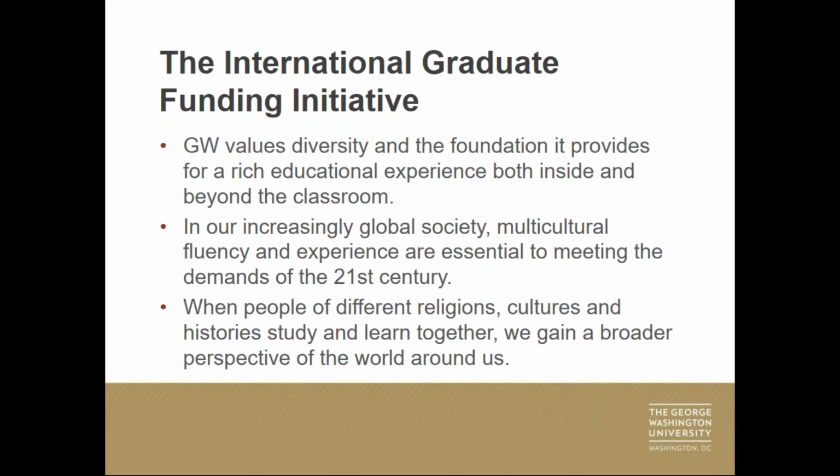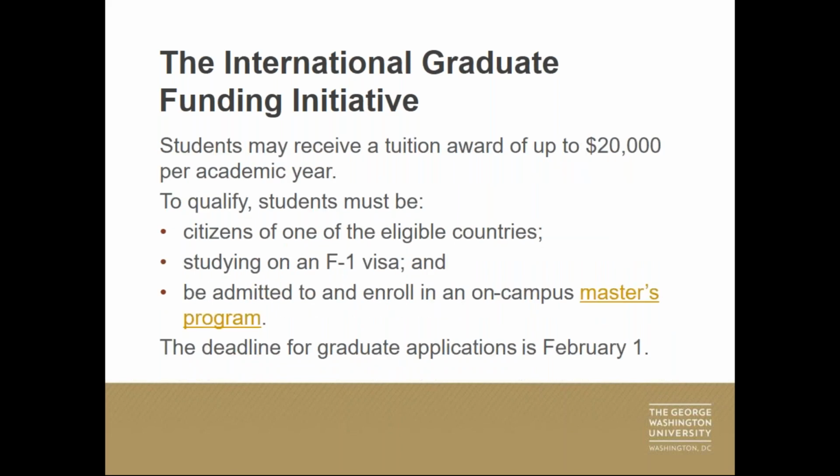GW has this graduate funding initiative to encourage people from around the world to come to GW. And you can get a tuition award of up to $20,000 per academic year. I will mention that tuition at GW, each course, about 3 credits, costs a little bit less than $5,000. So you can see that to take your 10 courses, you're going to spend $45,000 to $50,000 on tuition. You get a tuition award of up to $20,000.